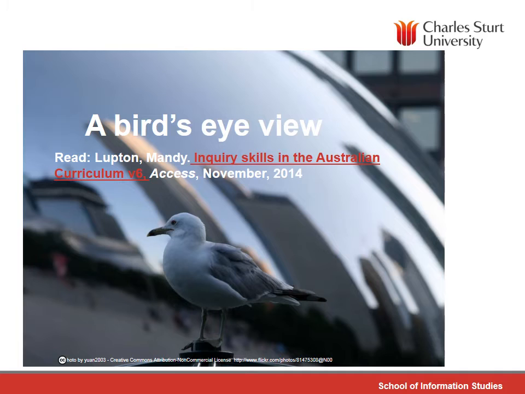What she wanted to find out was what inquiry skills are there, what's missing, and what's misaligned. What she found in her research is that there are extensive inquiry skills embedded in the Australian curriculum, but there's not a process for teaching them. And by process, I mean an information literacy model, such as you're going to be investigating for assignment 3.